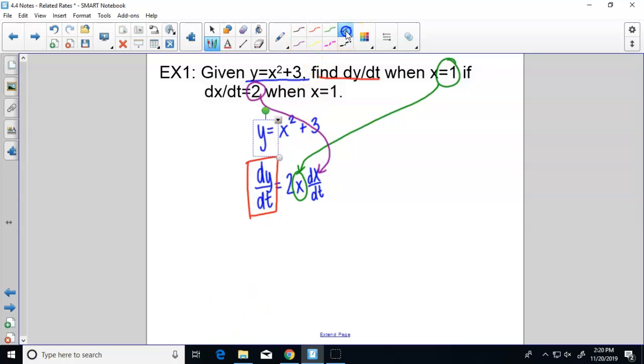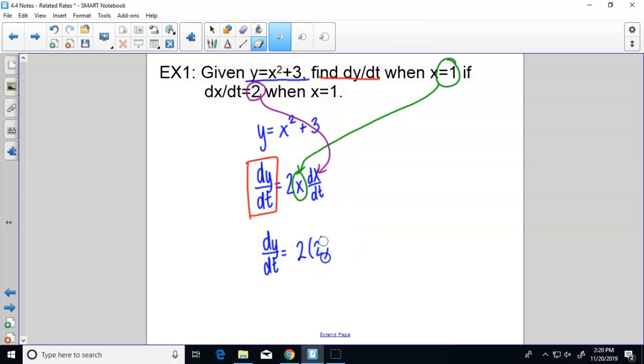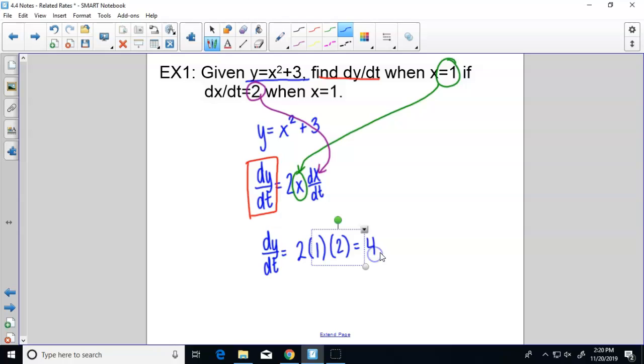So it really is a very simple problem for this. You just have 2 times 1 times 2, which is 4. This problem's going to have no units. It has no context.